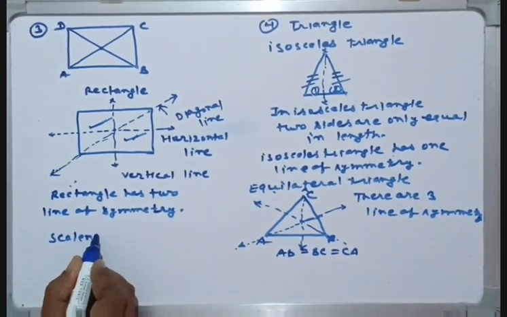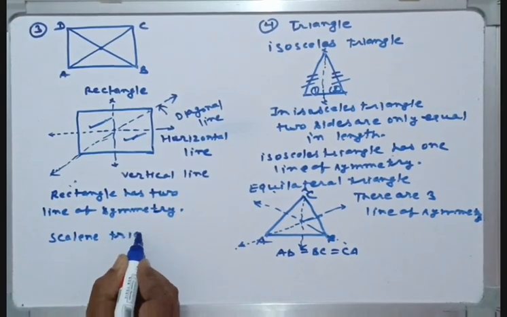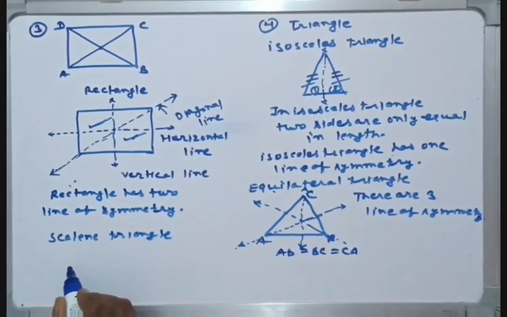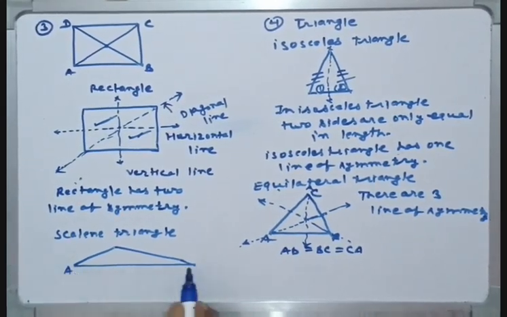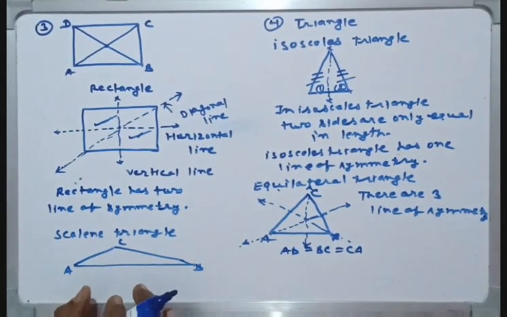Okay guys, now the third one is a scalene triangle. Okay, see, this one is a scalene triangle. Here A, B and C are the vertices of this scalene triangle. So no imaginary line passes through this triangle which divides this triangle into two equal half parts in shape and size.